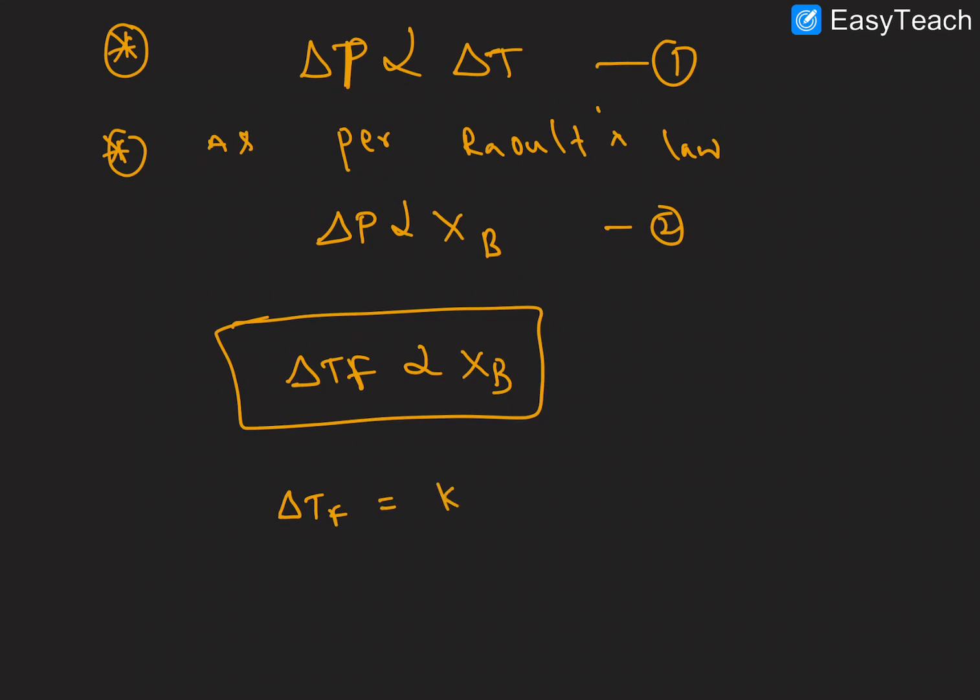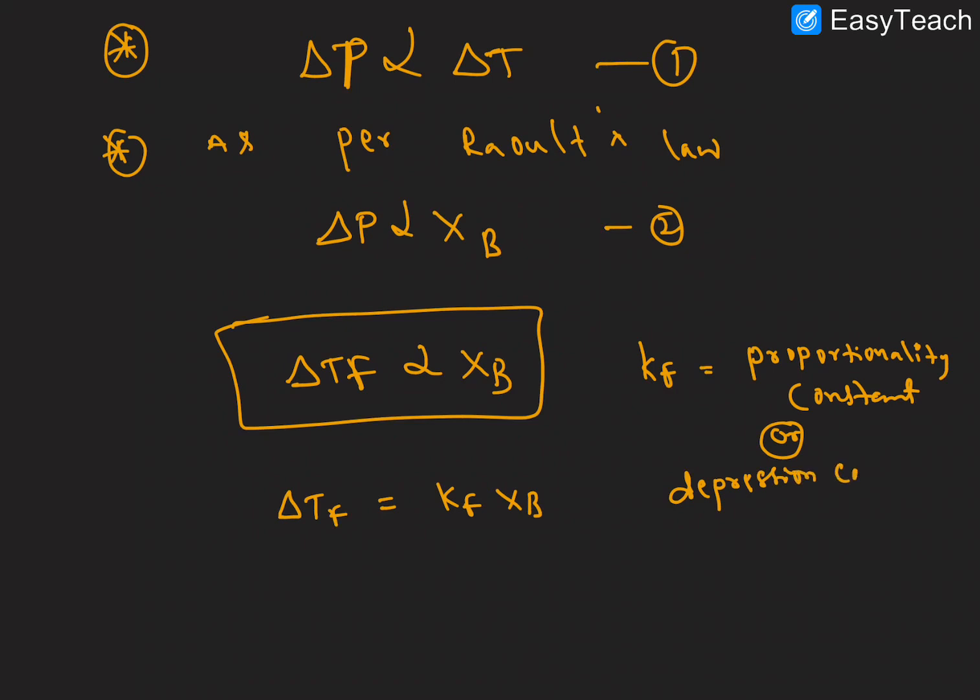So taking a proportionality constant, delta TF equals KF into the mole fraction of B, where KF is the proportionality constant. We can also call it the depression constant.